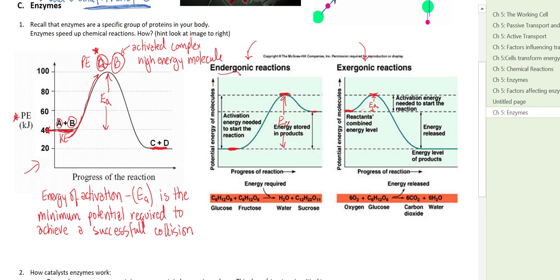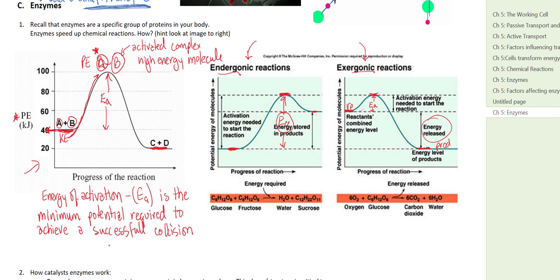And because the products end up lower in energy than the reactants, this is an exergonic reaction, which we talked about before. That means that energy has been released, right? Energy is given off. Regardless, endergonic or exergonic, there still needs to be a minimum energy of activation to achieve the activated complex and a successful collision.